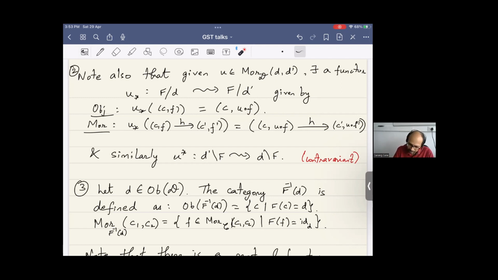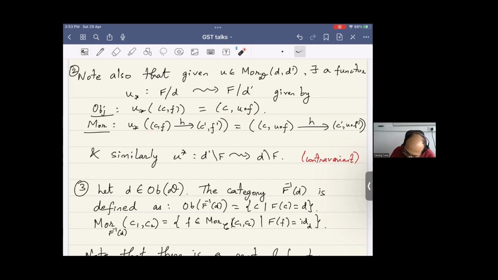Here the objects were maps from objects in C to D, and on this side you have maps to D'. Well, there's a morphism from D to D', so you just compose with that, right? That's what this is doing. Similarly, if you have morphisms, you just use the same morphism, because remember morphisms were only on the first components.